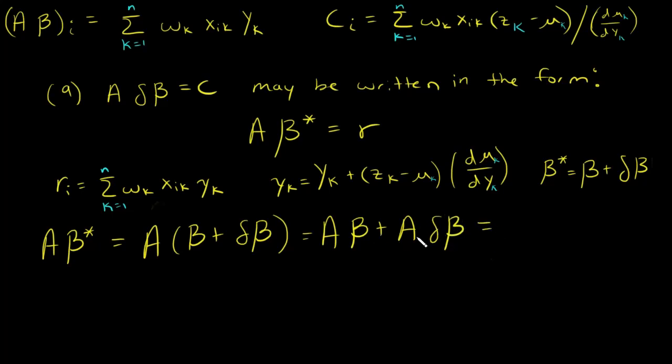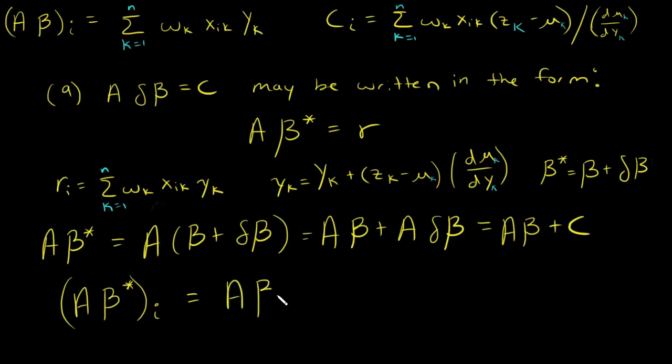By definition, A times delta beta, by equation 9, is C. So A times beta star, the ith element of it, because that's an m by 1 vector, will be equal to the ith element of A times beta plus the ith element of C.